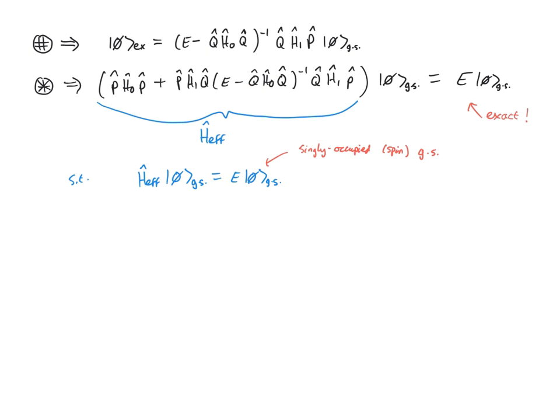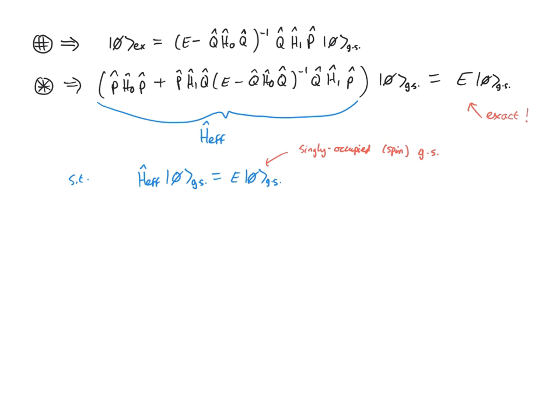So this is like a self-consistent equation where the energy, the full energy of the system, actually appears on both sides of the equation. So this expression, as I've written it down here, is not actually tractable in itself as it stands, because the exact energy is on both sides of the equation.